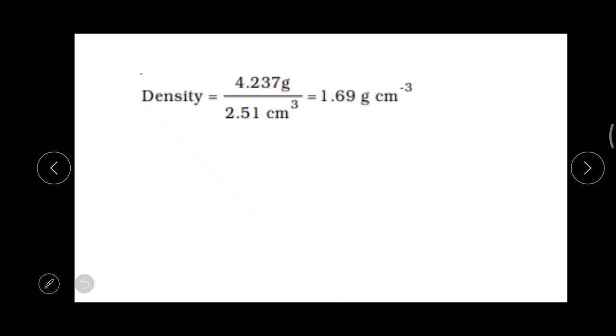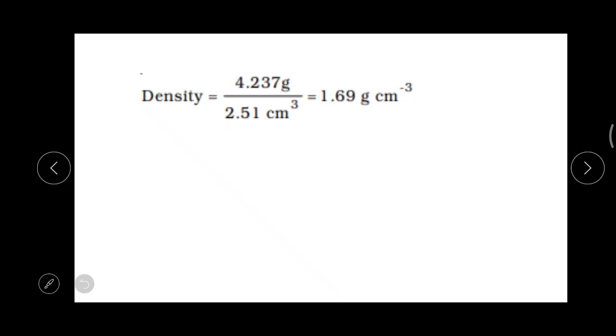The numerator has 4 significant figures and the denominator has 3 significant figures. So among the quantities with which you are dividing, 2.51 has significant figure number 3, that is the least number of significant figures, isn't it?